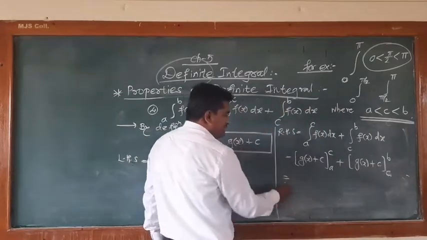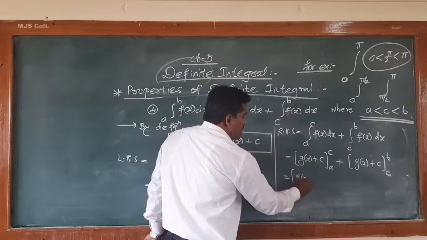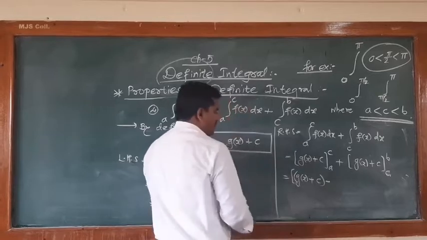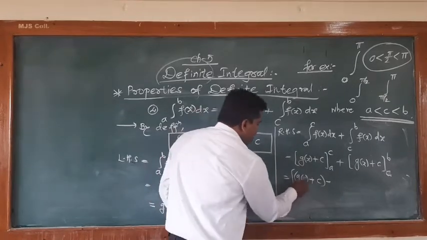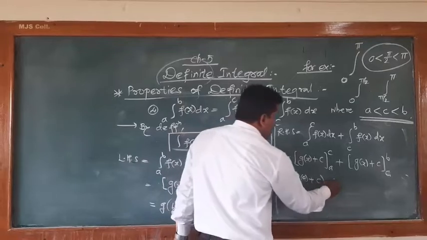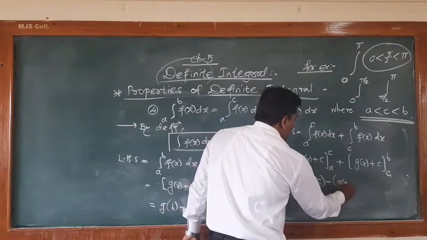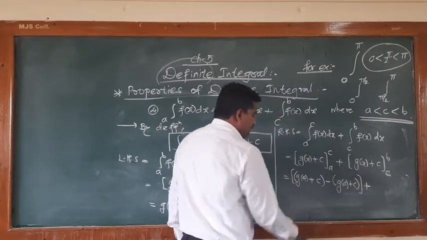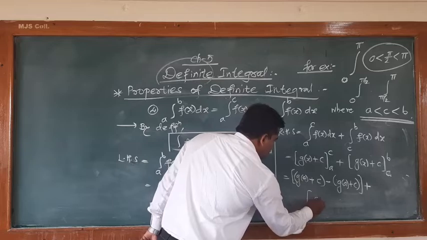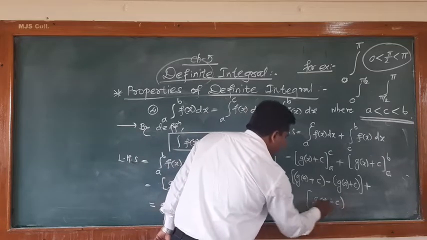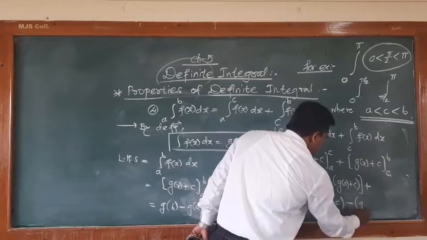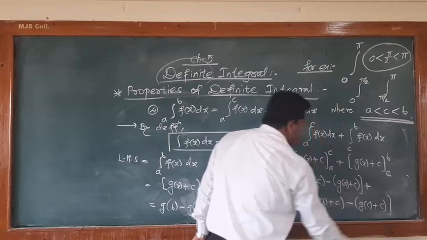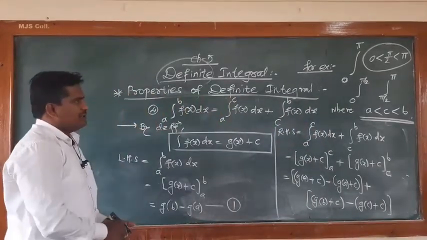By applying the definitions, g of x plus c, taking x as c, minus g of a plus c, and second, g of b plus c minus g of c plus c.